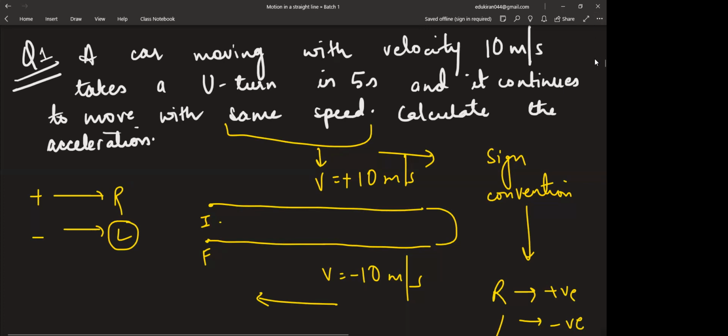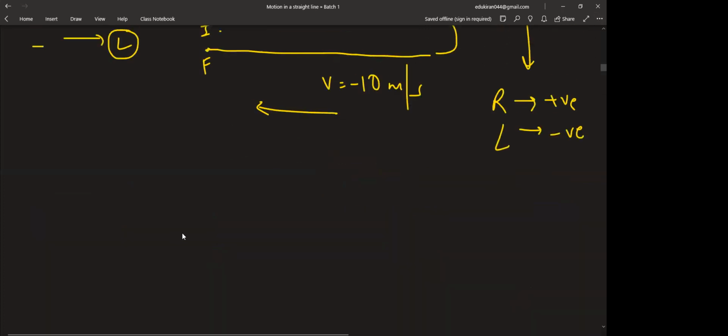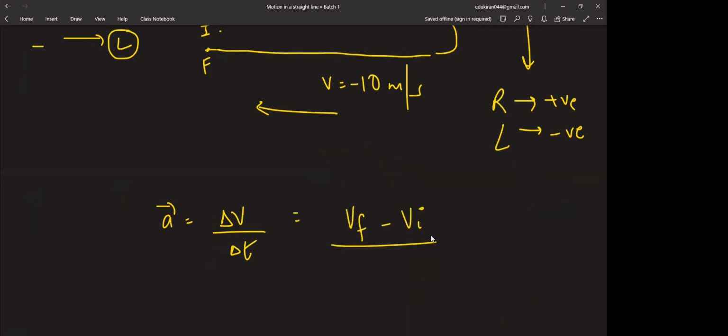So see here, what have we studied about acceleration? This is the change in velocity by change in time. Final velocity minus initial velocity divided by final time minus initial time.